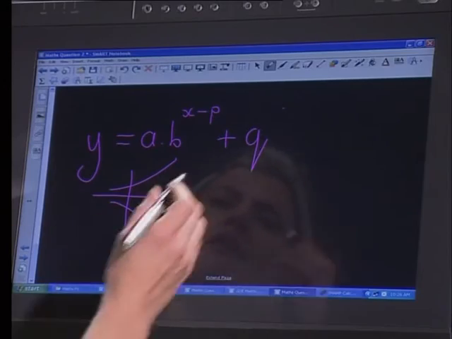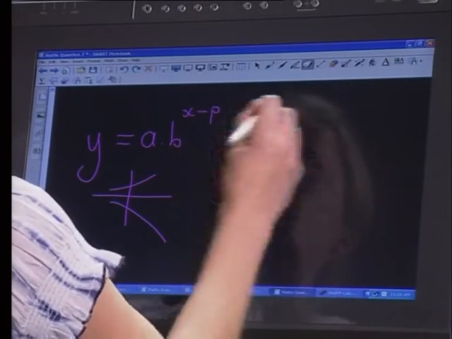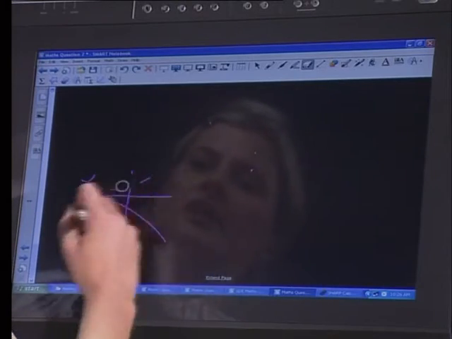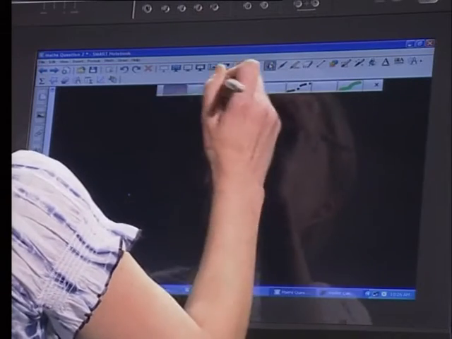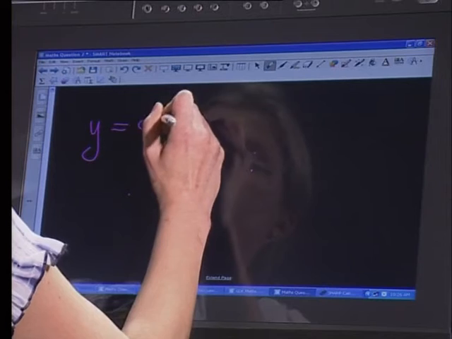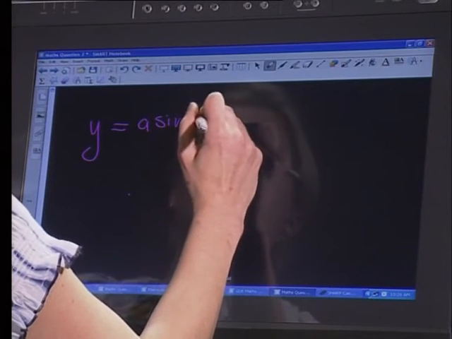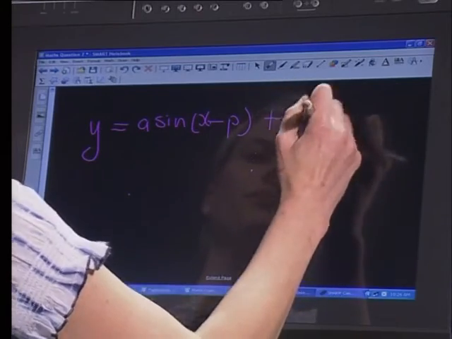Okay, now if we relate this even to our trig graphs, guys, these translations are exactly the same. So if I say y = a sin(x − p) + q, again, the value for a controls the steepness of the graph. p moves the graph left and right.